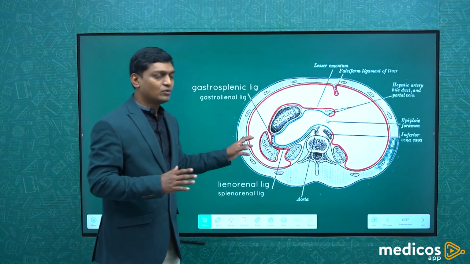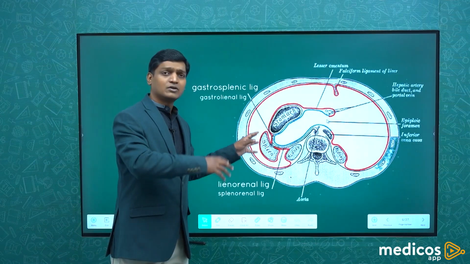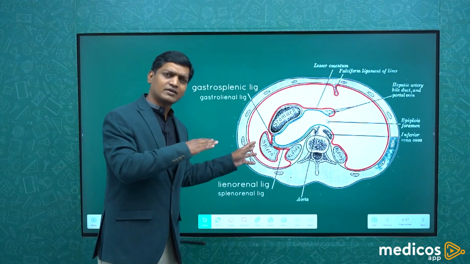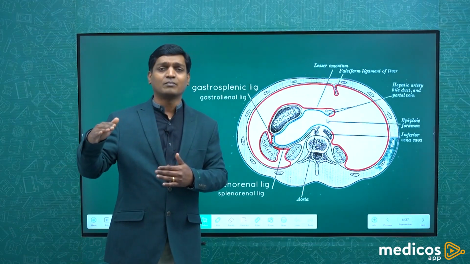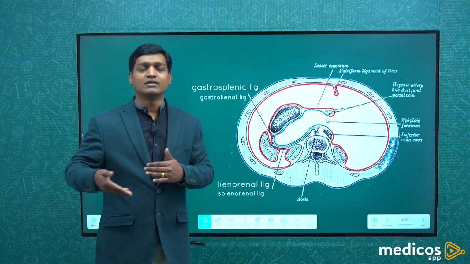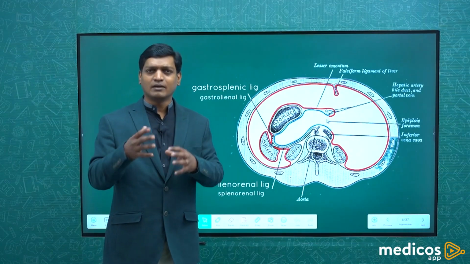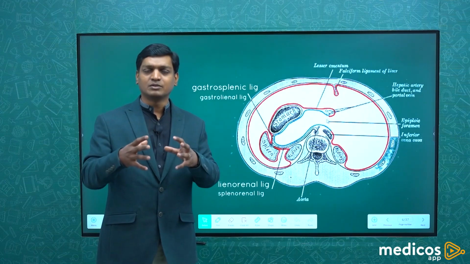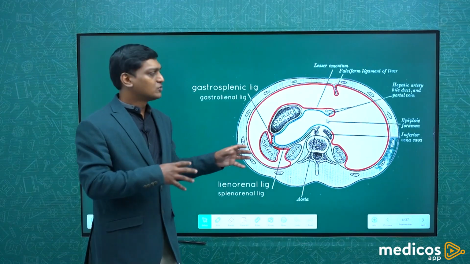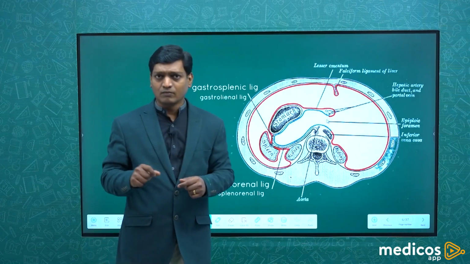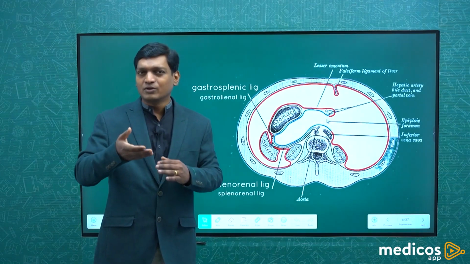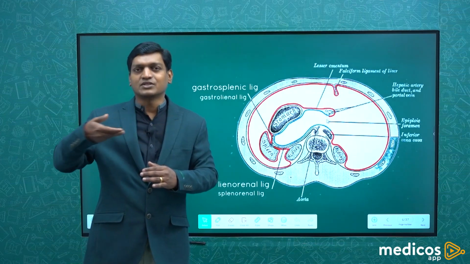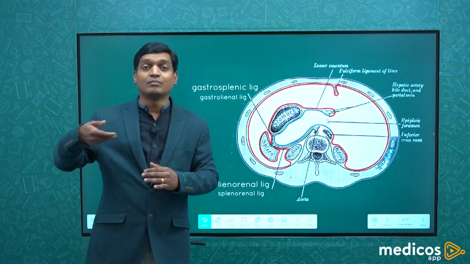You need to know the investment of the peritoneum over the organs at the transpyloric plane. You can study above that at the epiploic foramen level, and below that at any level. So you can have a general knowledge about the peritoneum. To understand one more question, the lesser sac, you need to go a little up, to a transverse section at the level of the epiploic foramen.